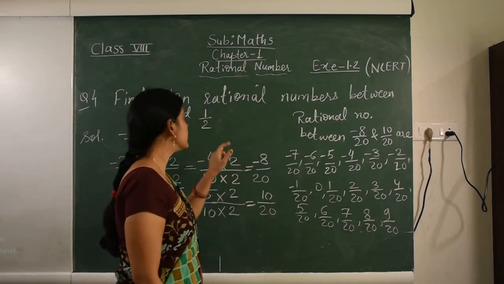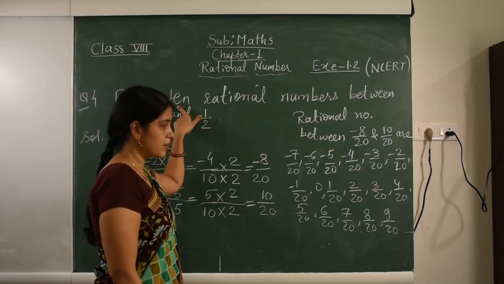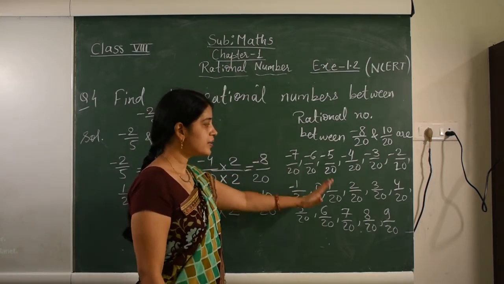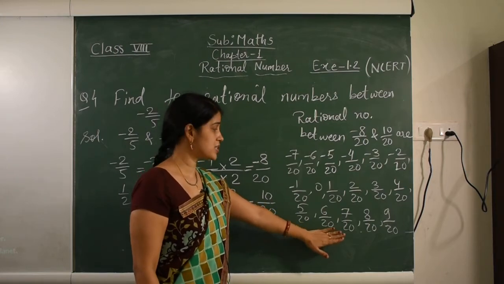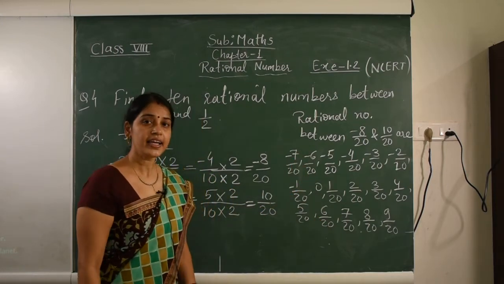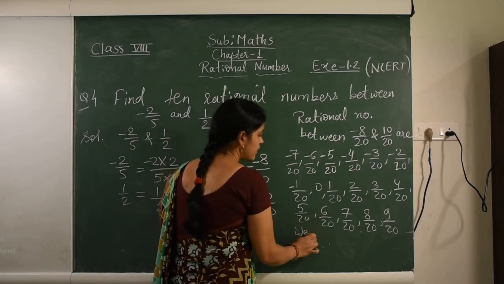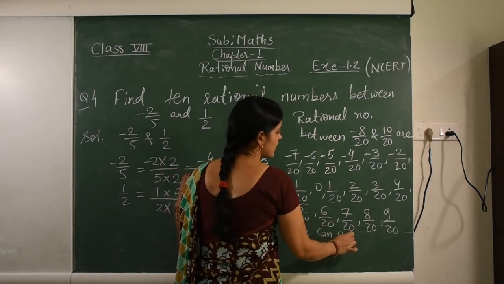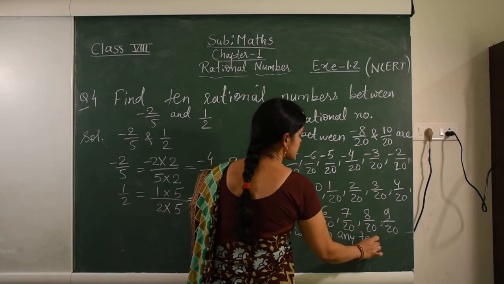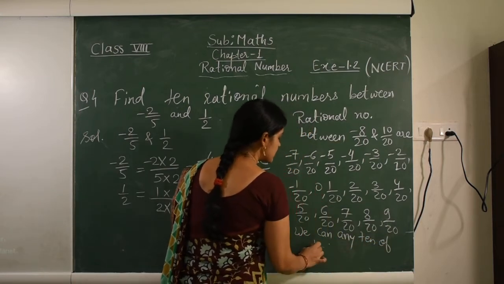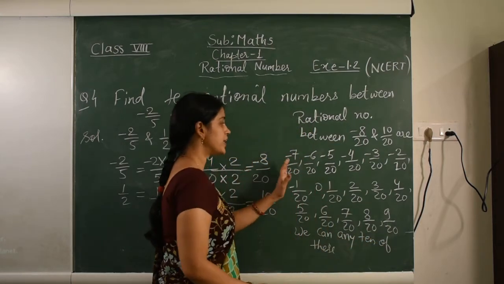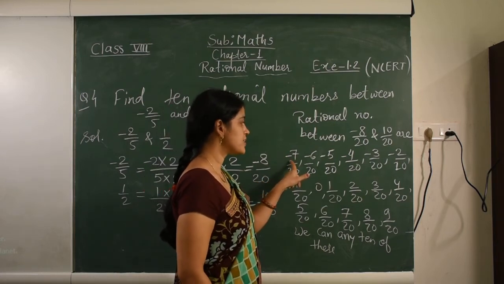How many do we want? We want 10 rational numbers, and here we are getting many rational numbers, so we can take any 10. So here we write we can take any 10 of these. It is your choice, you can take any 10, like you can start from here.